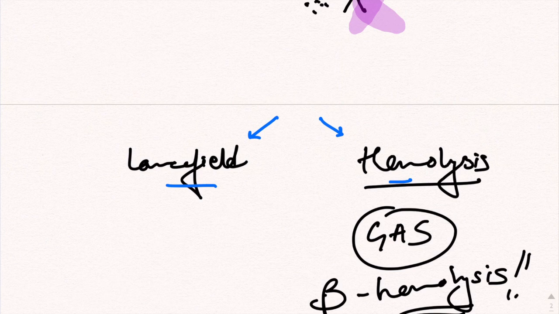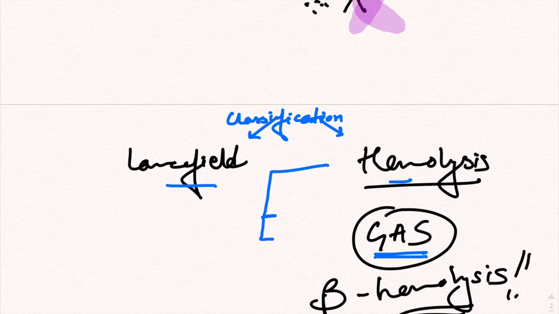If we go by the degree of hemolysis, we basically divide them into beta, alpha, and gamma.